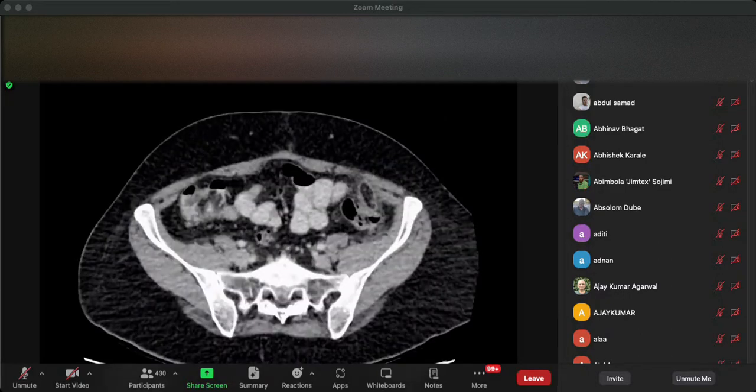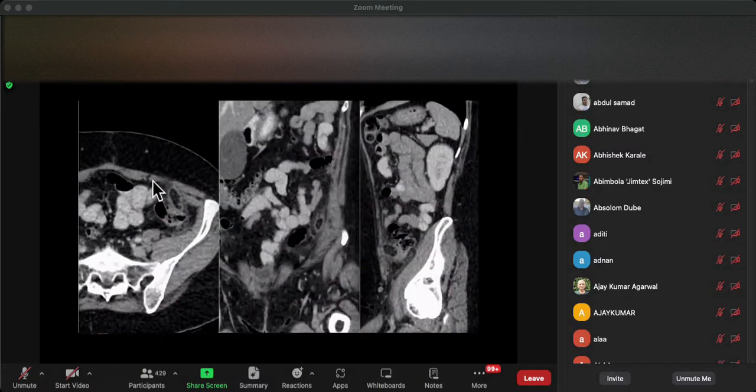Okay, what is that thing there? Patient with left iliac fossa pain. Yeah, it's either an omental infarction or more likely epiploic appendagitis. And so this is it in several planes. So we've got the inflammation around the twisted appendix epiploica.